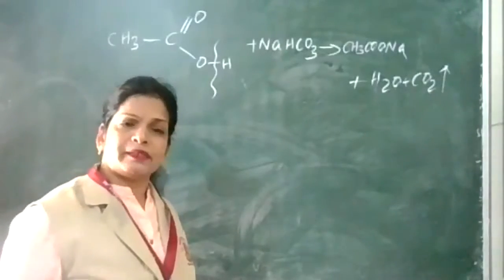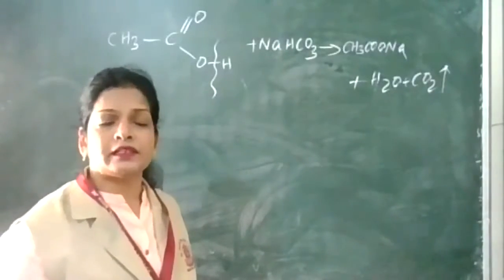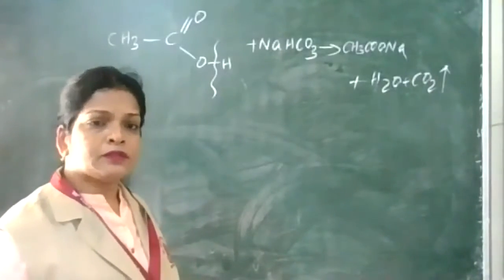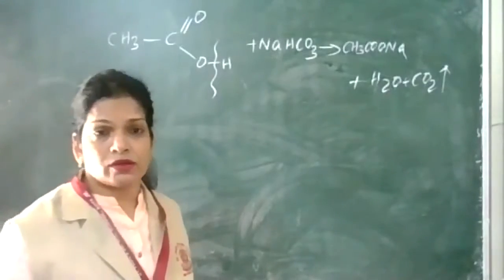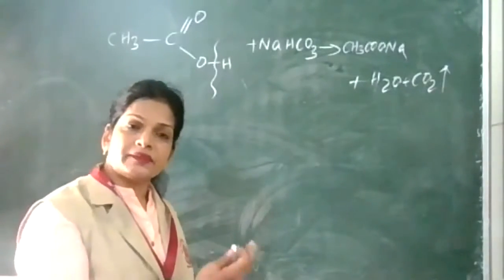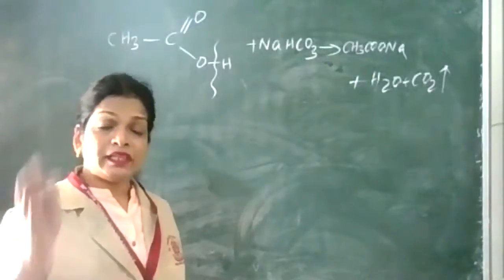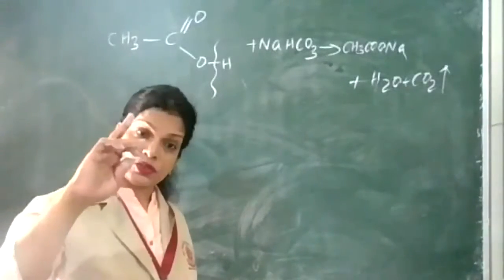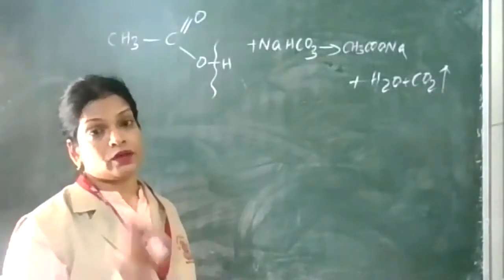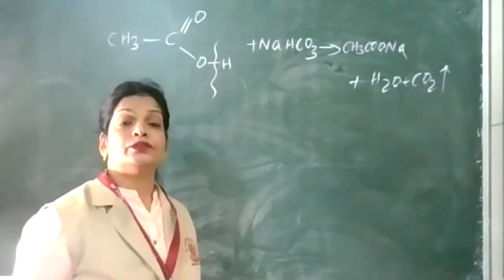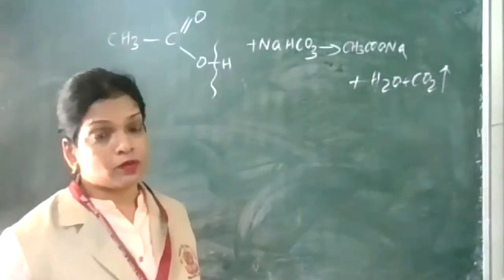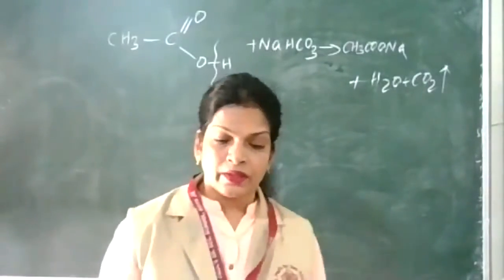Carboxylic acid can react with metallic sodium and will liberate hydrogen gas. It can react with NaOH, giving salt and water. It will react with NaHCO3, with liberation of carbon dioxide. With Na and NaOH, phenol also reacts, but with NaHCO3, only carboxylic acid reacts. So this is a distinction test between carboxylic acid and phenol.